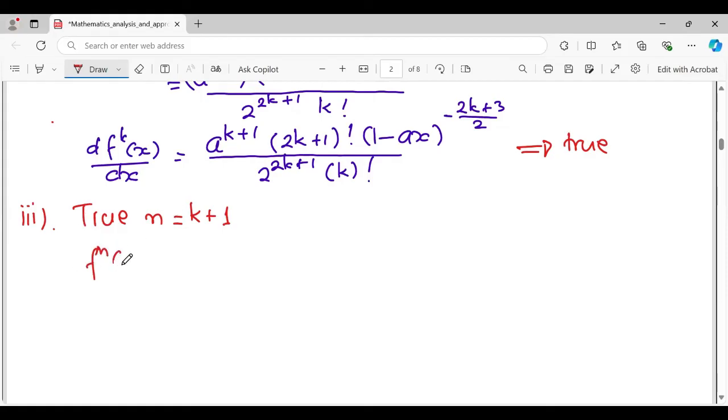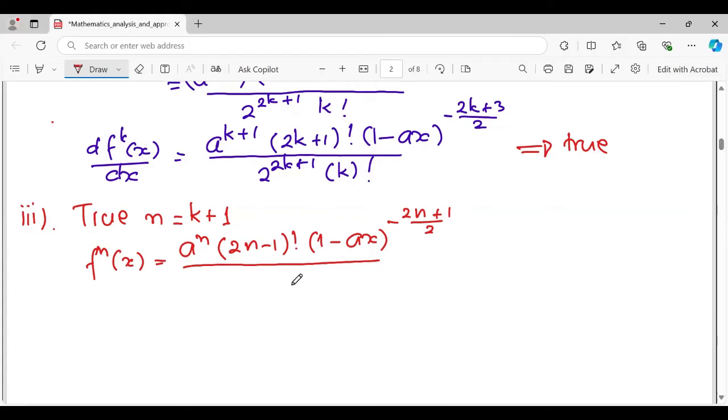So f power n x equals a power n times 2n minus 1 factorials, 1 minus ax power minus 2n plus 1 over 2, over 2 power 2n minus 1 times n minus 1 factorials.